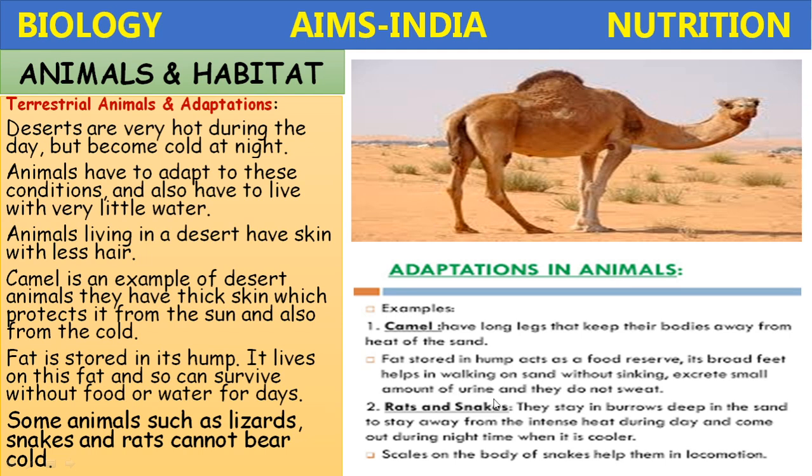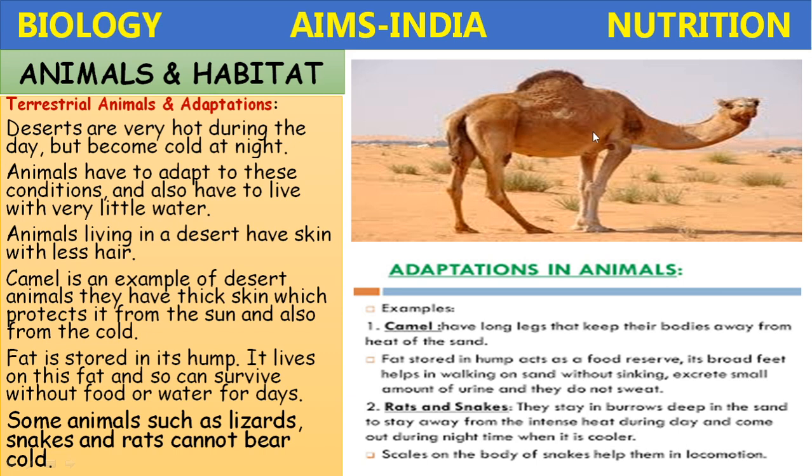Here the camel has long legs that keep its body away from the heat of the sand, and the fat stored in the hump acts as a food reserve, and its broad feet help in walking on sand without sinking.